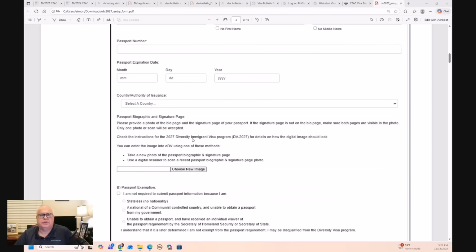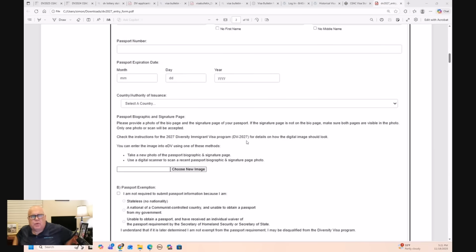Then, interestingly, it's asking you to take a photo of the bio page and signature page of your passport and upload that. And it says, check the instructions for the 2027 Diversity Immigrant Visa Program for details on how the digital image should look.